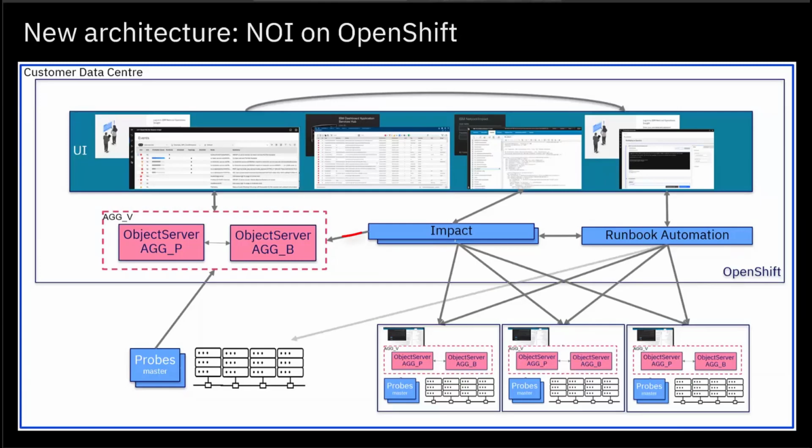And with the new infrastructure now, Impact is able to not only retrieve events and act on events from the first set of resources, but also on each of the additional object servers that have been attached. And likewise, Runbook Automation will now address resources and systems in all of those data centers that have been attached.